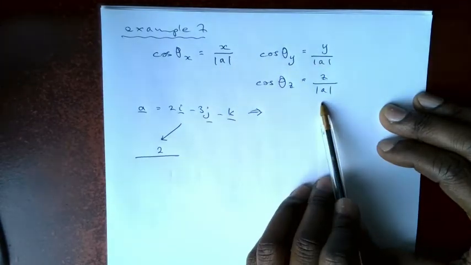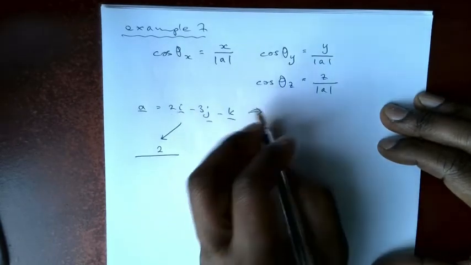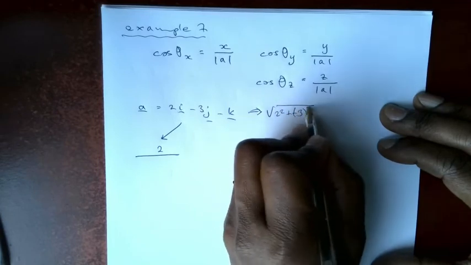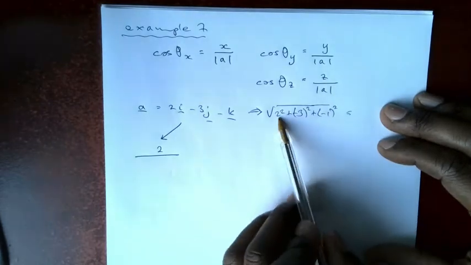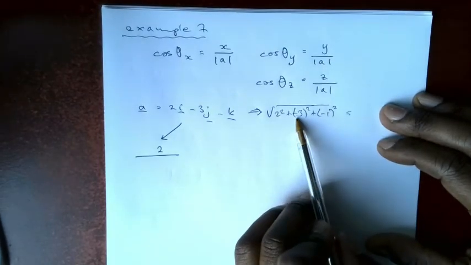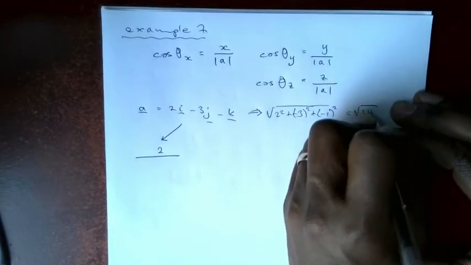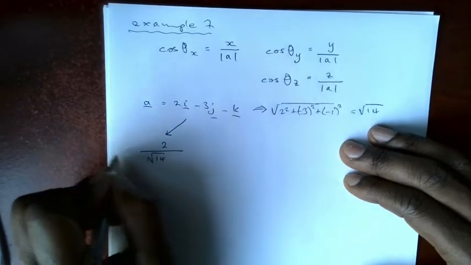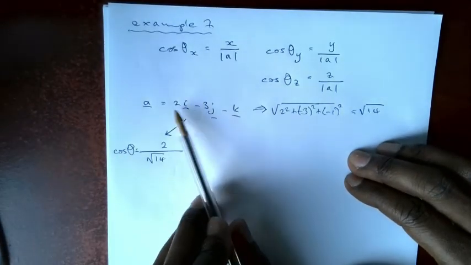Now for all of these, I'm going to be using the same length, so let's just work that out. So square root of 2 squared plus negative 3 squared plus negative 1 squared, so that's going to give us 4 plus 9, which is 13, plus 1, 14. So root 14 is the length of that vector. So 2 divided by root 14 gives us the cosine of that angle between that vector and the x-axis.